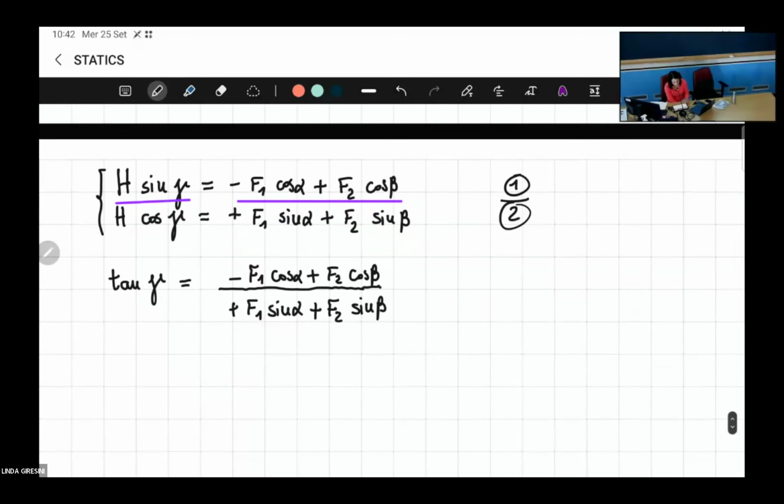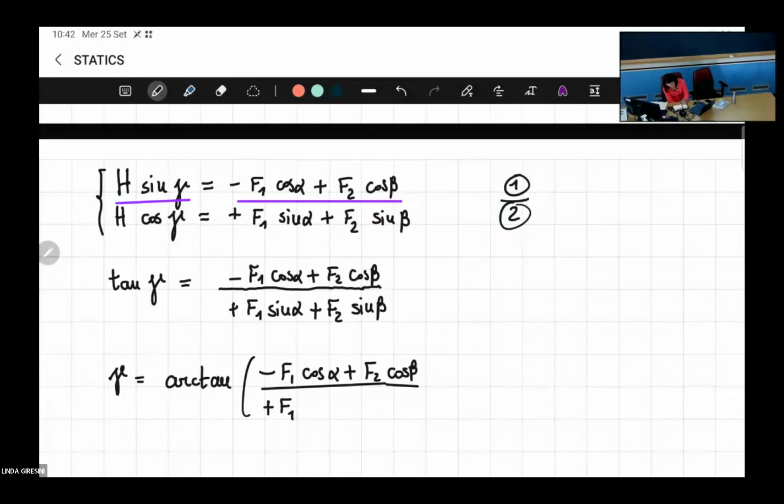Okay, so how can I now find gamma? It's simple, because gamma can be found by writing down the arctangent of this entire expression: minus F1 cos alpha plus F2 cos beta, over plus F1 sin alpha plus F2 sin beta.